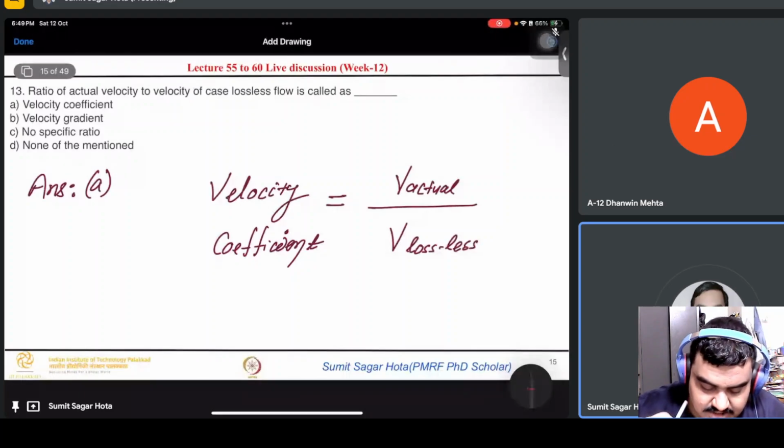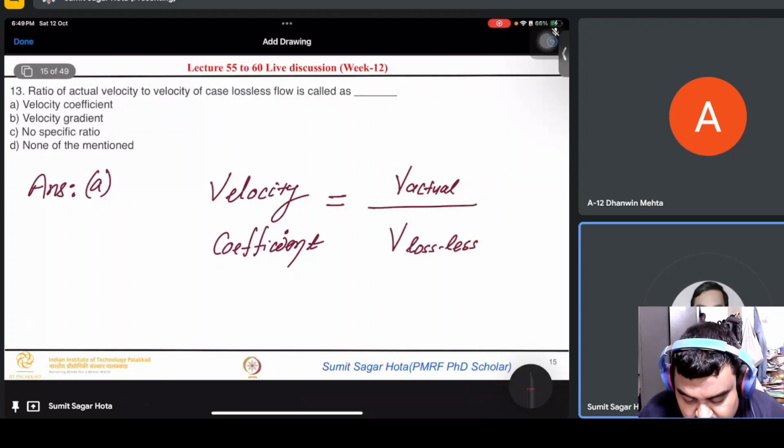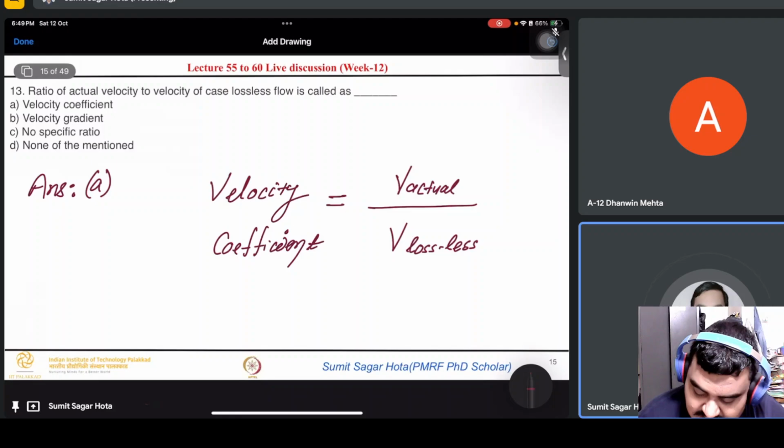If you see the velocity due to the blade passage or the working fluid, it is higher. So that's the reason this is always high.